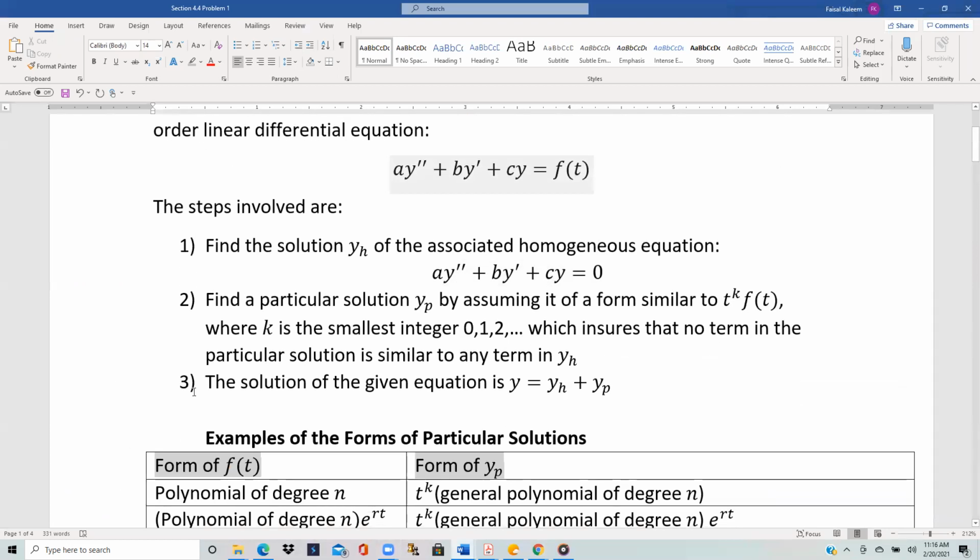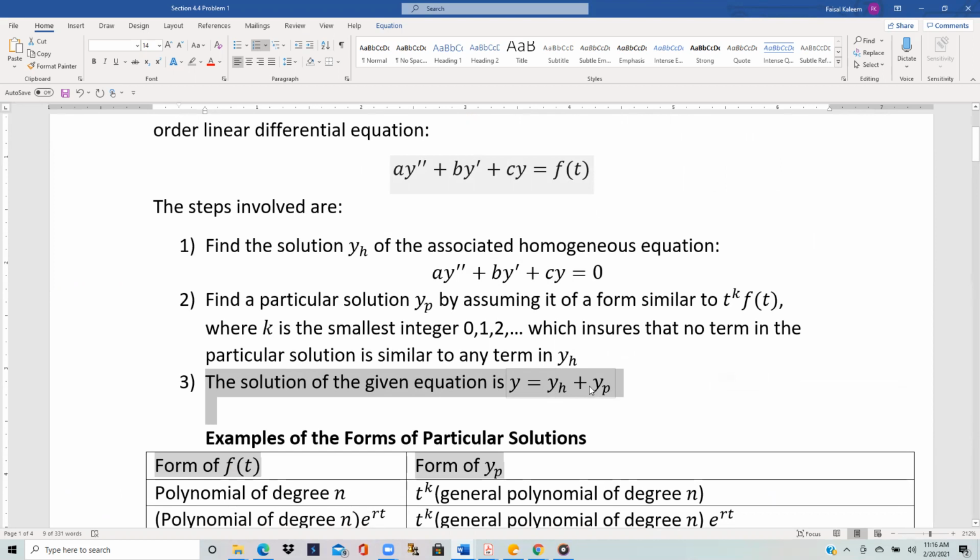Okay. So here, look at this number 3 thing. So we learned how to find a particular solution by undetermined coefficients. And then I mentioned briefly that the solution of the given equation is the sum of the homogeneous solution plus the particular solution. Homogeneous solution is the solution of the associated homogeneous equation. And we never used that in section 4.4, but now that's what they are asking us to do.